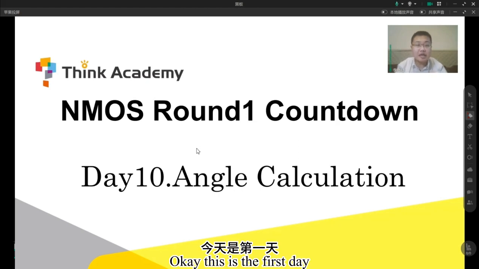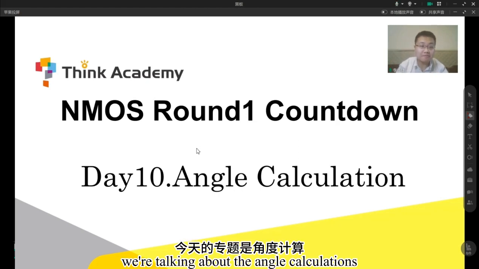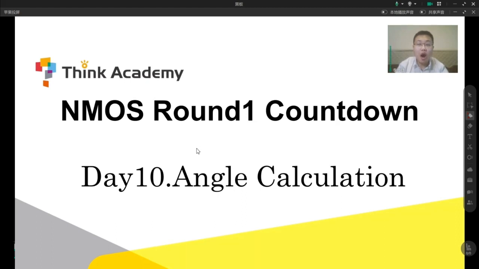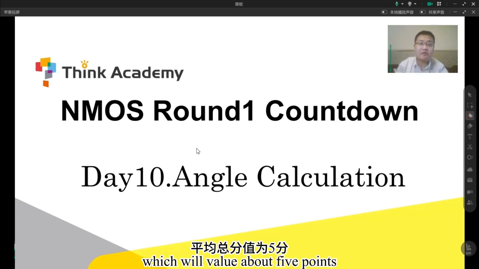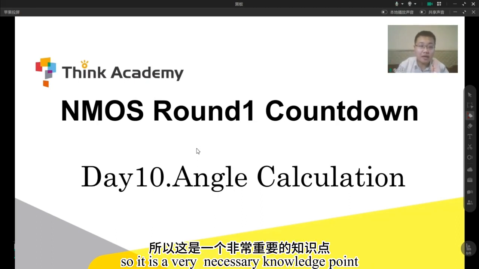Okay, this is the first day, we are talking about the angle calculations. Angle calculations will always have 2 questions in each year's paper, which will value about 5 points. So it is a very necessary knowledge point.